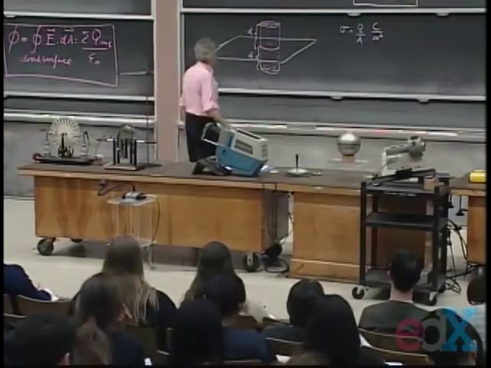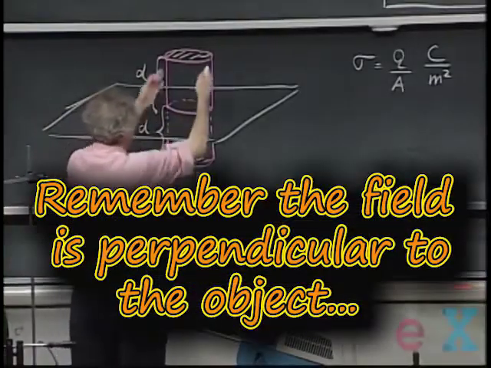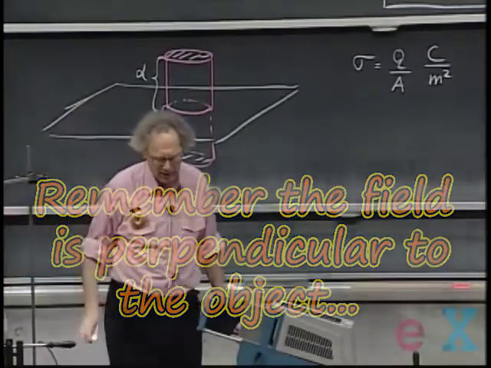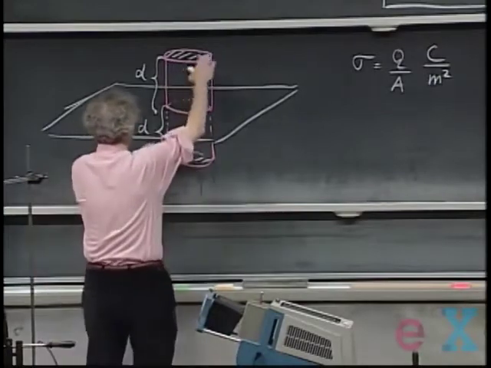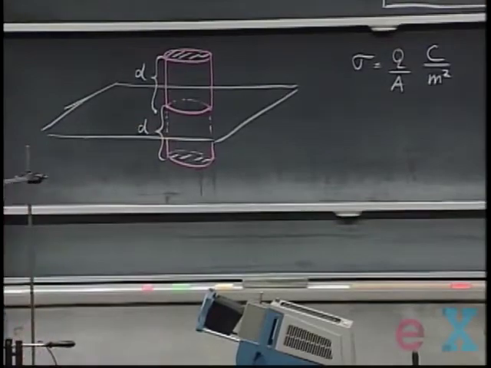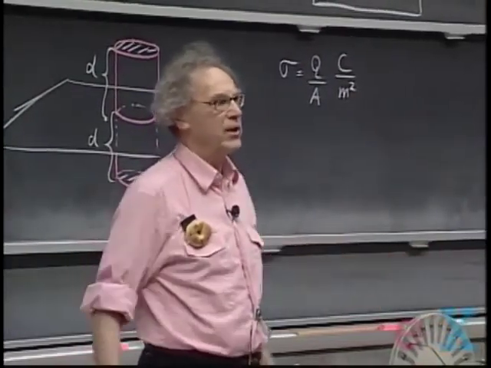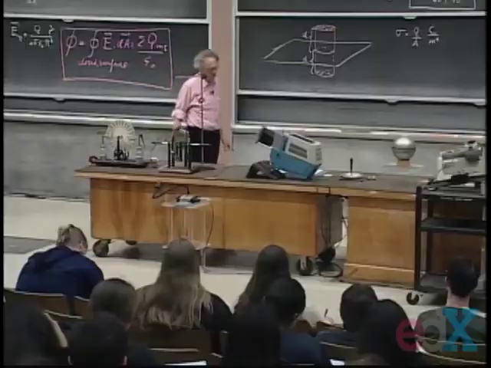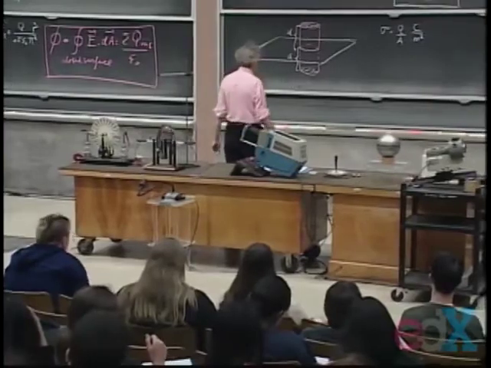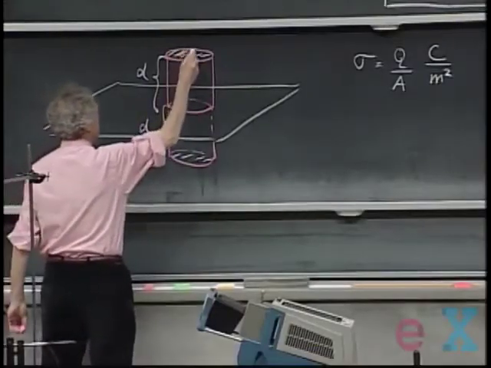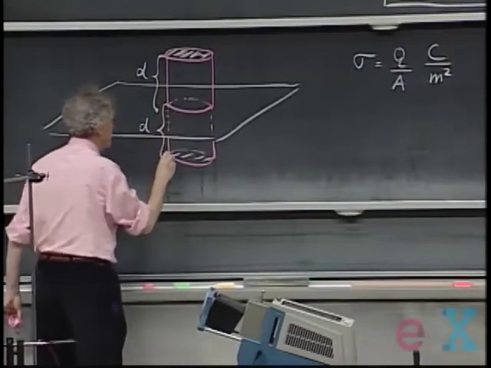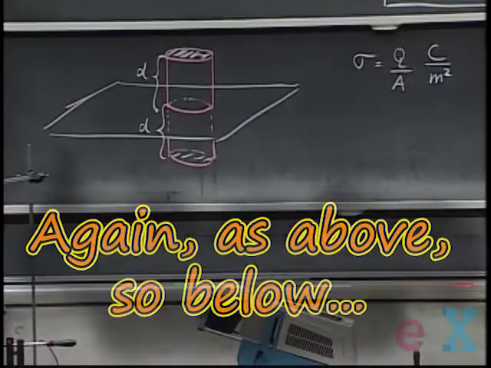The second one is that these vertical walls that you have here are indeed perpendicular to that plane. In other words, these are parallel, and these are exactly vertical. If you don't make them vertical, if you do this, you're dead in the water. You can't use Gauss' law very effectively. And then the third argument, which is very important, is that this flat surface is a distance d above the plane, and that this flat surface is exactly the same distance below the plane.